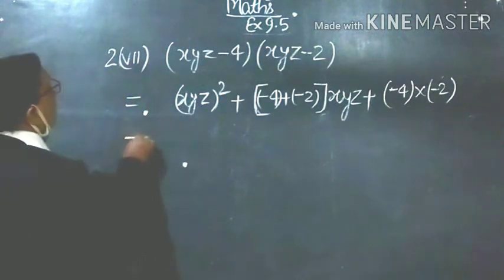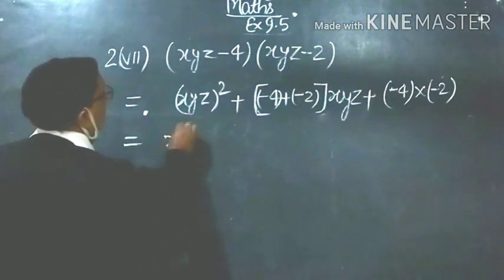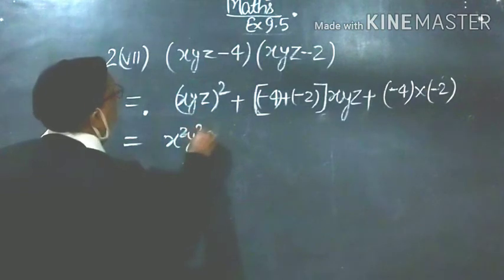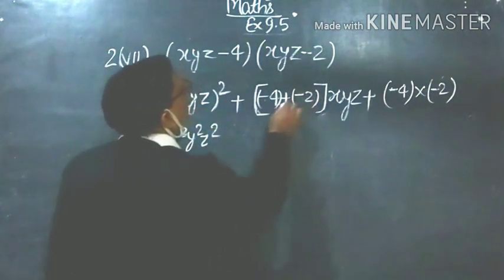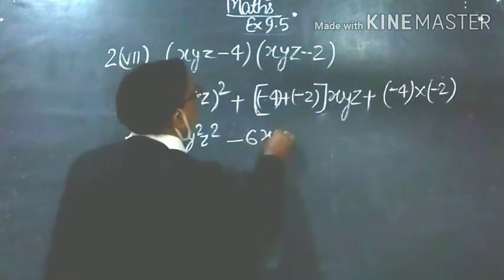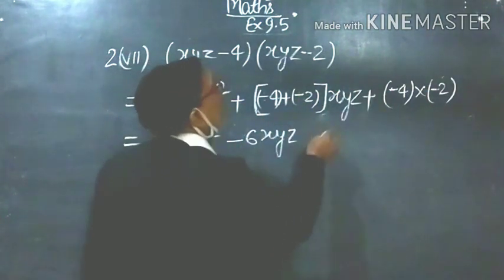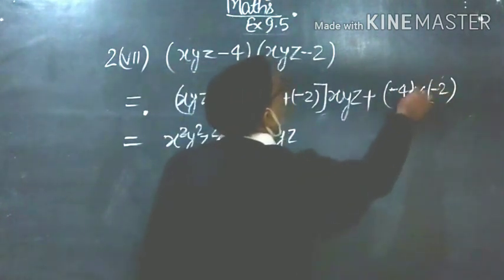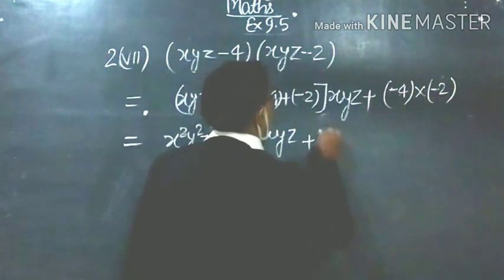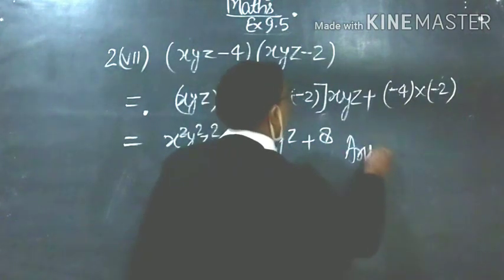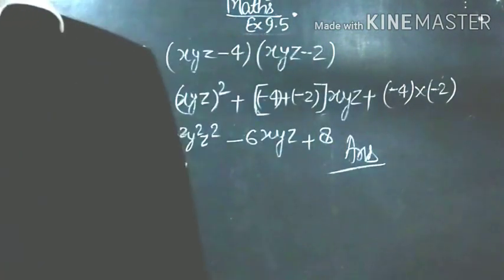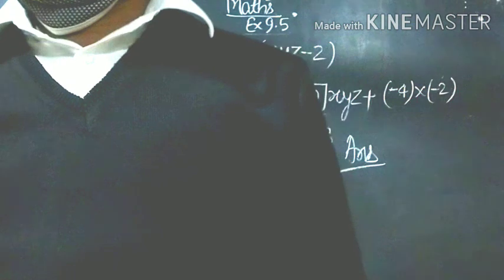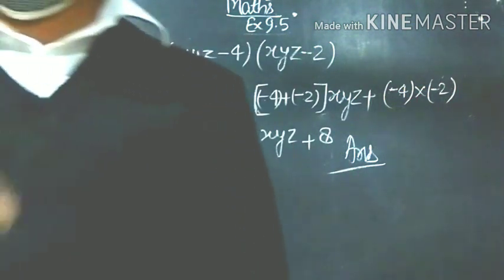This means you write here x square y square z square, minus 4 minus 2 is minus 6 xyz, minus into minus plus, 4 2s are 8. It is your answer. Okay. Then we are able to solve question number 2 by using the identity (x plus a) into (x plus b).